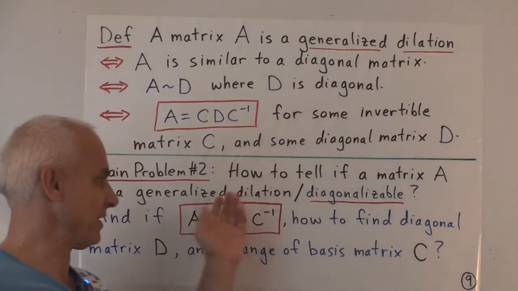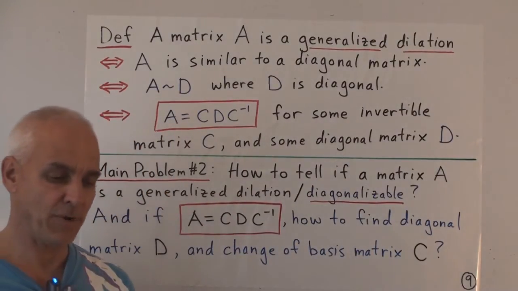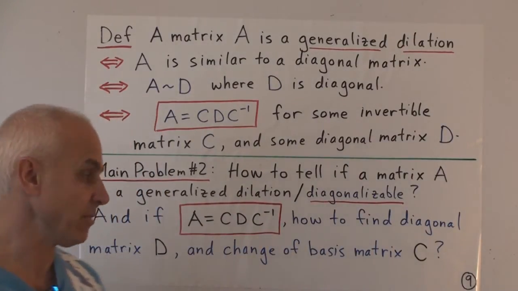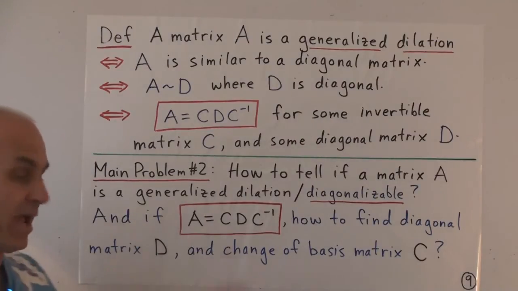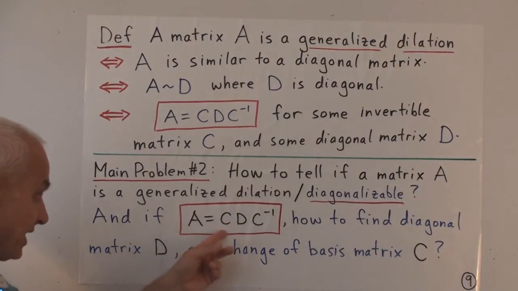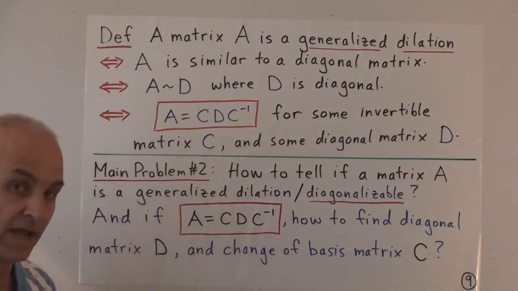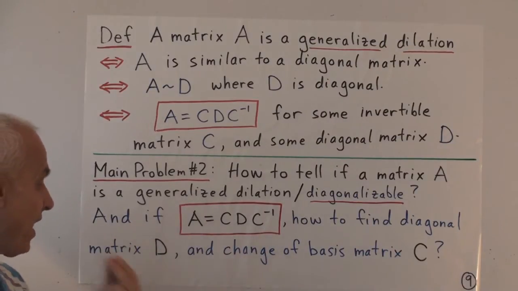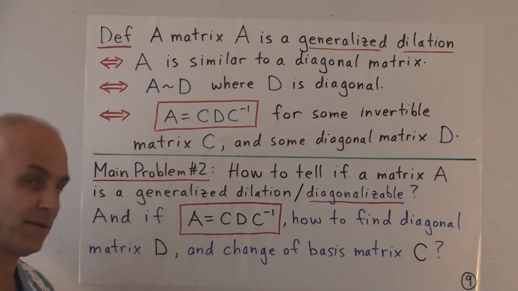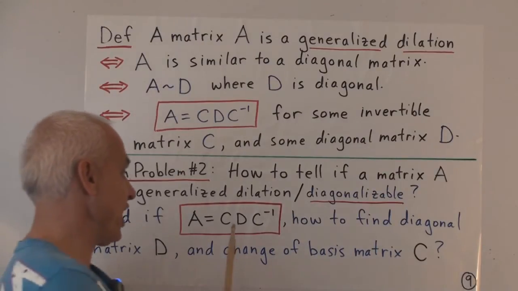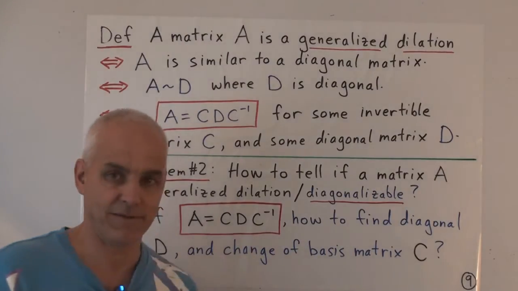So that just means exactly the same thing. How do we tell if a matrix A is diagonalizable? And if it is, so if we can write it as C times D times C inverse, where D is a diagonal matrix, then how do you find the diagonal matrix D? And how do you find the change of basis matrix C?